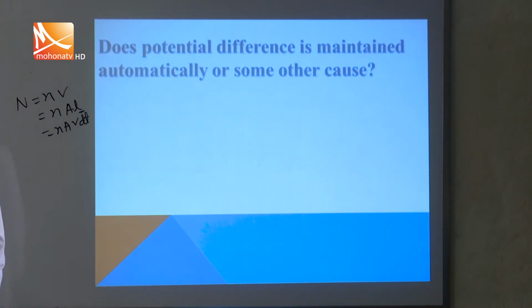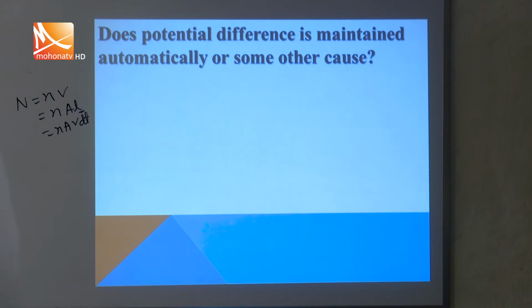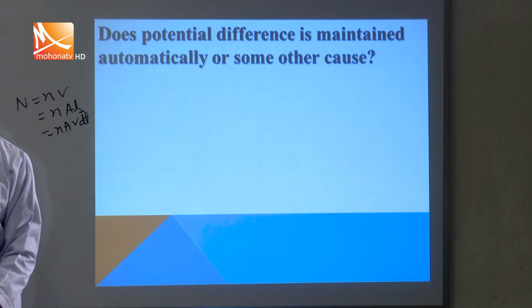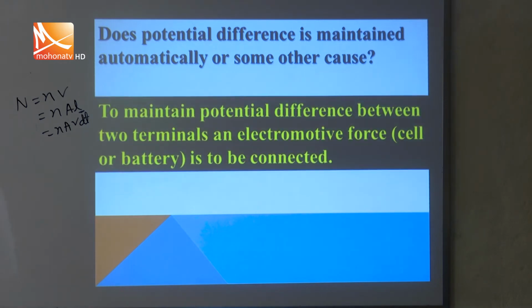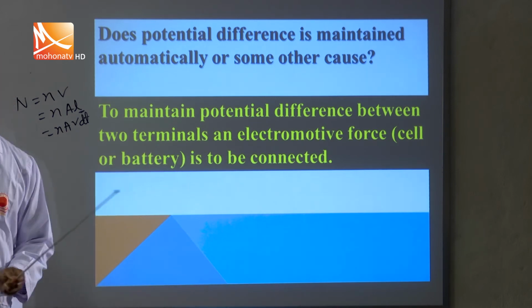Now, we have learned that if potential difference is maintained, then electrons will flow. My question is, is the potential difference maintained automatically or by some other cause? No. My dear students, to maintain this potential difference, you have to use an electromotive force, that is, you have to use a battery or cell.